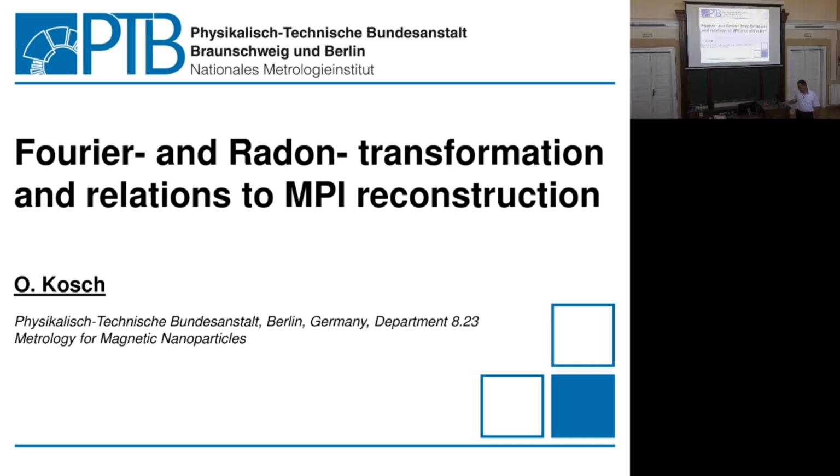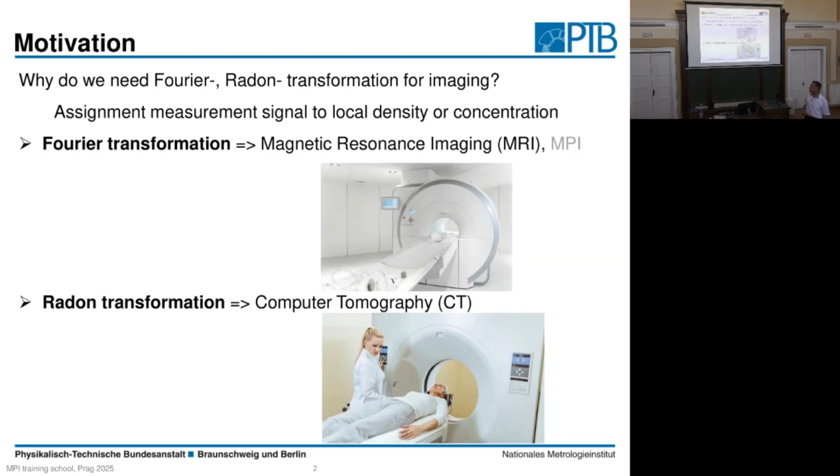So, okay, first, why do we need Fourier and Radon transformation? I think we need it for the assignment of a measurement, a temporal measurement in the time domain, to a spatial distribution by density or concentration, so that we can make an image. That's simply the thing.